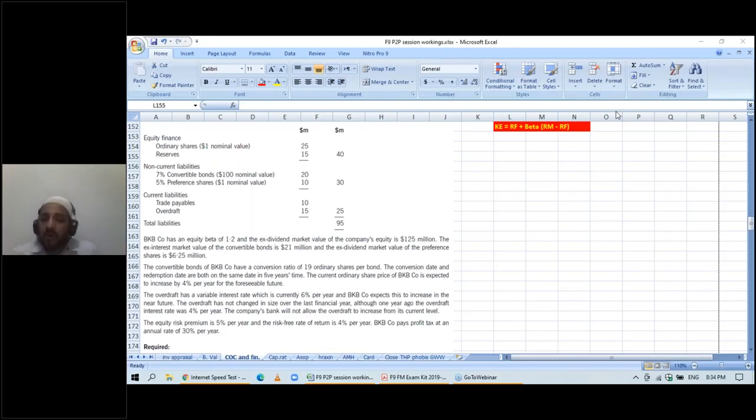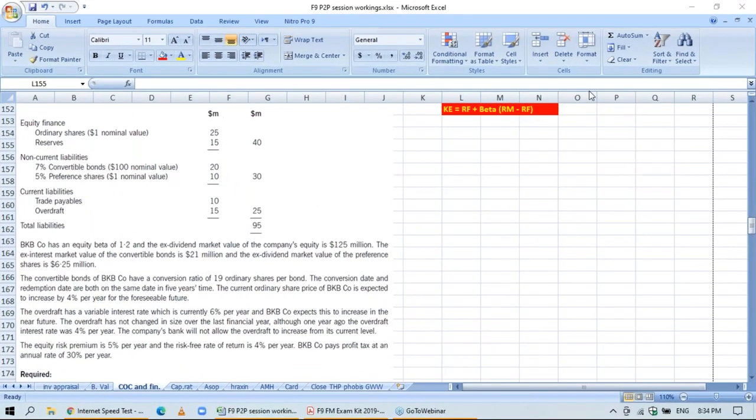Okay, so in the last class we started discussing the CAPM model, the capital asset pricing model. So let's start with the capital asset pricing model. On the screen you can see in the red bar the formula for the capital asset pricing model.